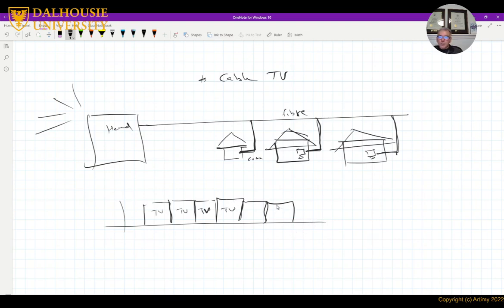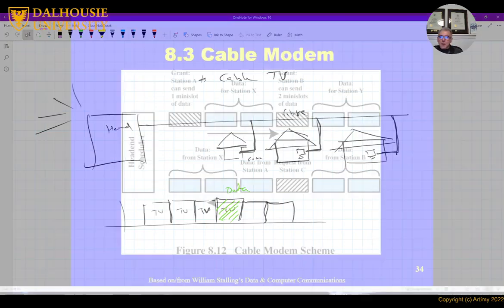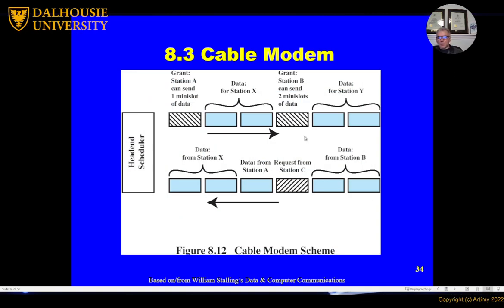It usually takes one of these TV channels, and instead of TV, we use it for data. I don't know which one, it doesn't matter, but we take some of these channels and use them for data. This is what we call a cable modem, and it's common in North America.